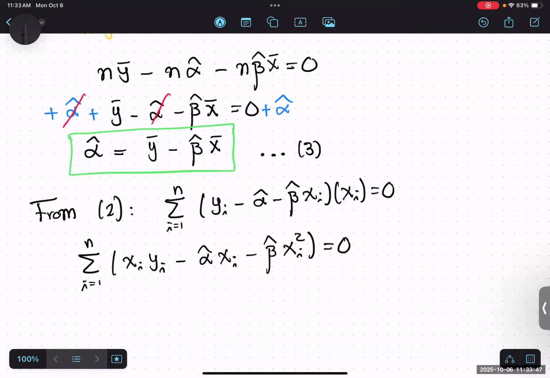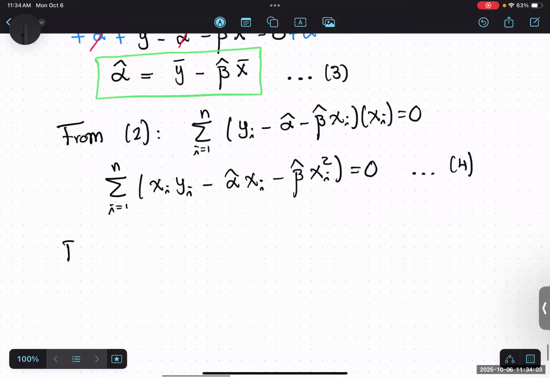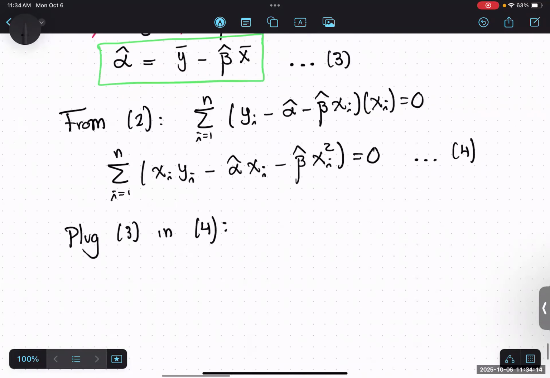And from here, the next easy step is just to plug. I will actually call this equation number 4. And let me say plug my equation number 3 in my new equation number 4. So I will have my sum from 1 to n.